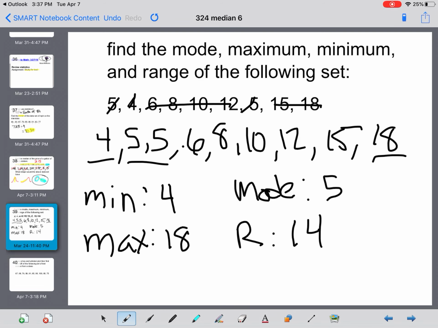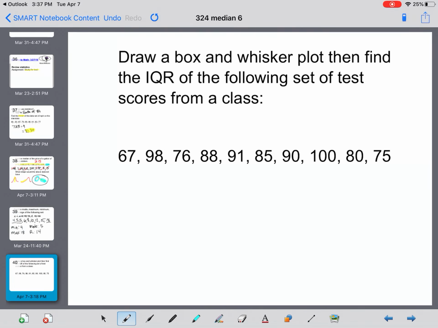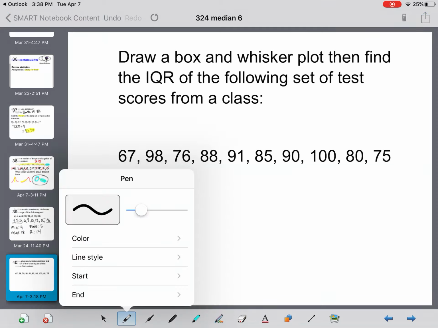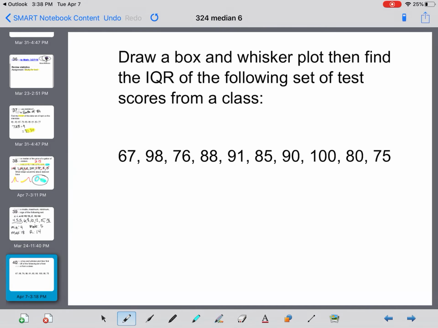Last problem here. Draw a box and whisker plot, then find the IQR of the following set of test scores from a class. So, what we need to do is put it in number order. I see the lowest one was a 67, and then 75. Make sure we cross them out just to be sure about what we are writing down.